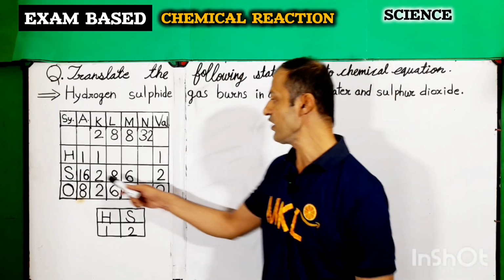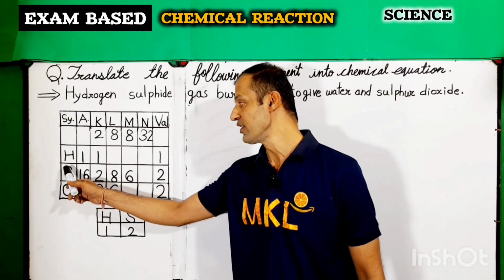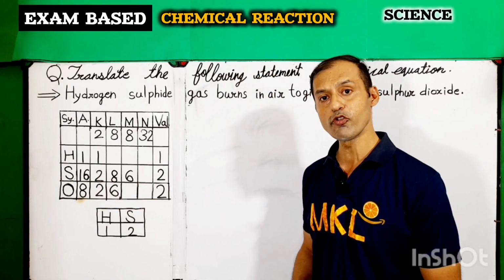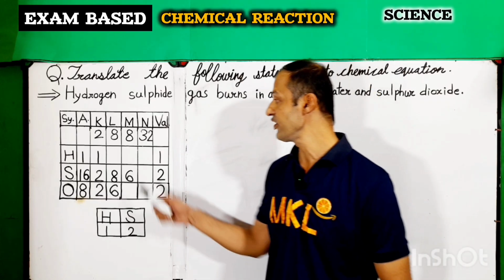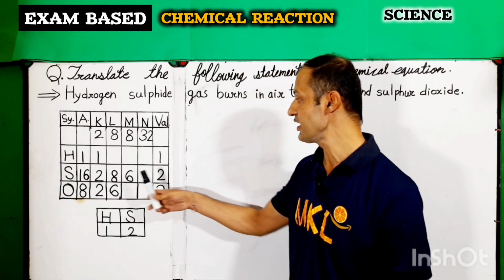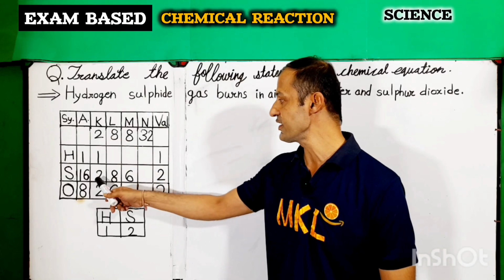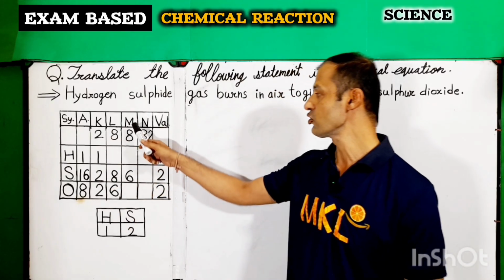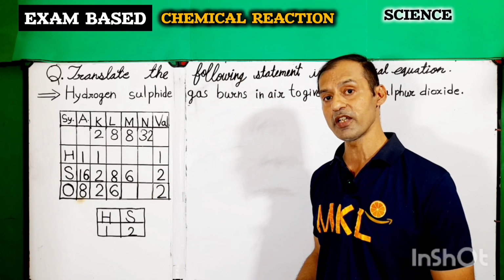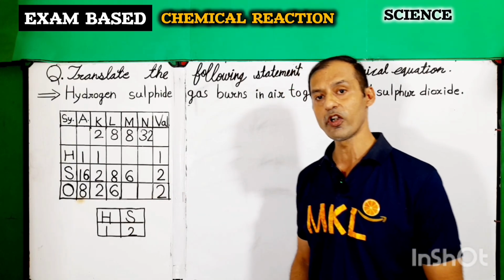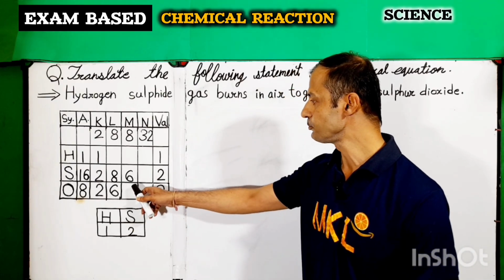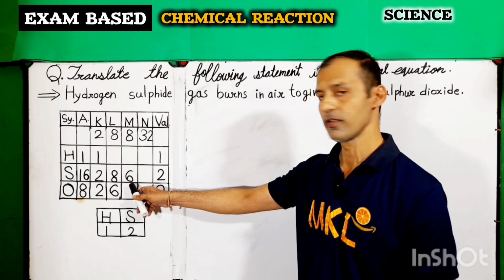Now for sulfur and oxygen, to find the valency, first we observe the KLM shells, given as 2, 8, 6 and 2, 6. If we look at the last shell, the M shell, 6 and 6 are written.